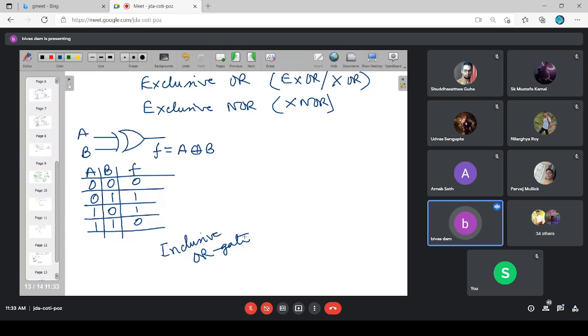This XOR gate can always have only 2 inputs. The basic XOR gate can have only 2 inputs. If you want to realize one XOR function involving more than 2 inputs, in that case, you have to go for cascading of several XOR gates. In the case of AND, NAND, or NOR, the number of inputs may be 2 or more.